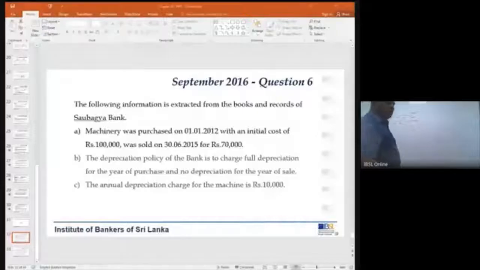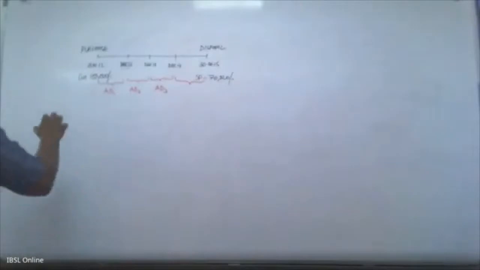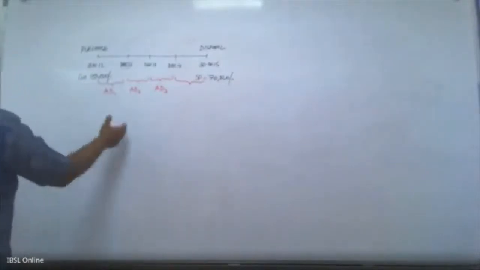So you don't have to worry about calculating depreciation on this machine. That's why they have not mentioned anything about the useful life or the depreciation rate. Those are not required, because in this question they have very specifically given the annual depreciation charge.